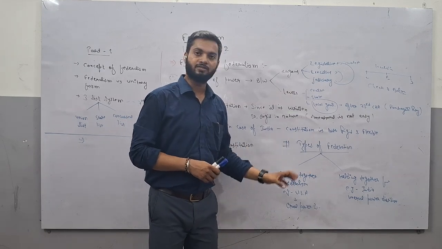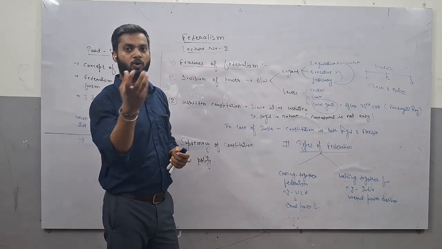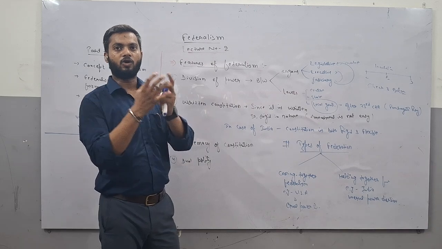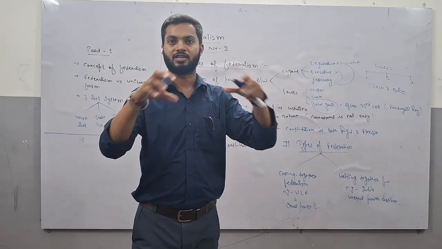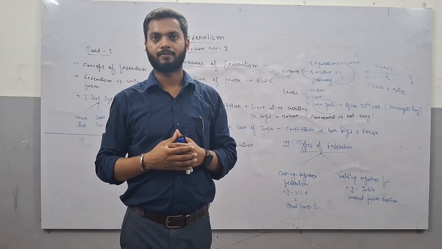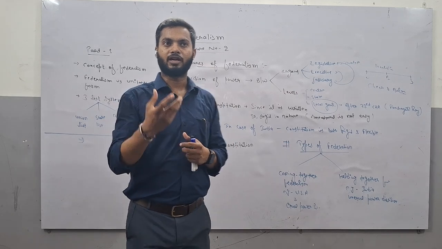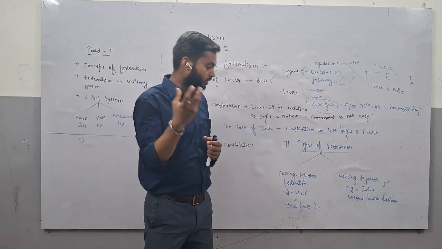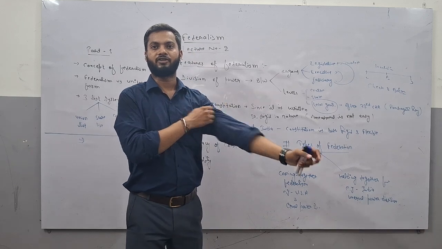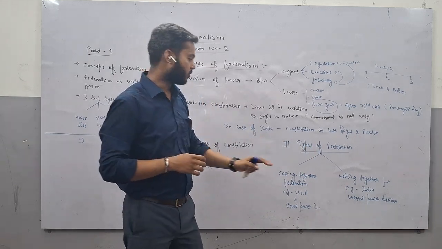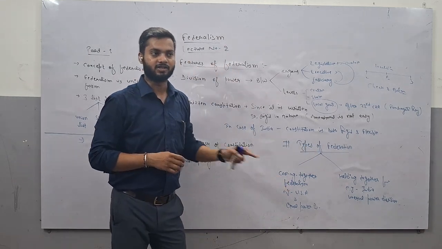कमिंग टुगेदर फेडरेशन में देखते हैं हम कि जो डिफरेंट स्मॉल कॉन्स्टिट्यूएंट यूनिट्स होते हैं वो आपस में आकर के एक बड़े फेडरेशन का निर्माण करते हैं. इकोनॉमिकली पॉलिटिकली जो स्मॉलर कंट्रीज होते हैं साथ में आकर के एक बड़े फेडरेशन का निर्माण करते हैं और वो कहलाता है कमिंग टुगेदर फेडरलिज्म.